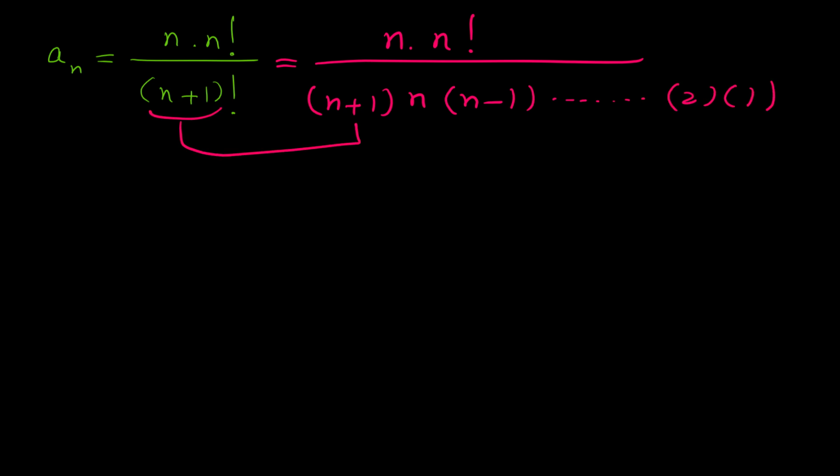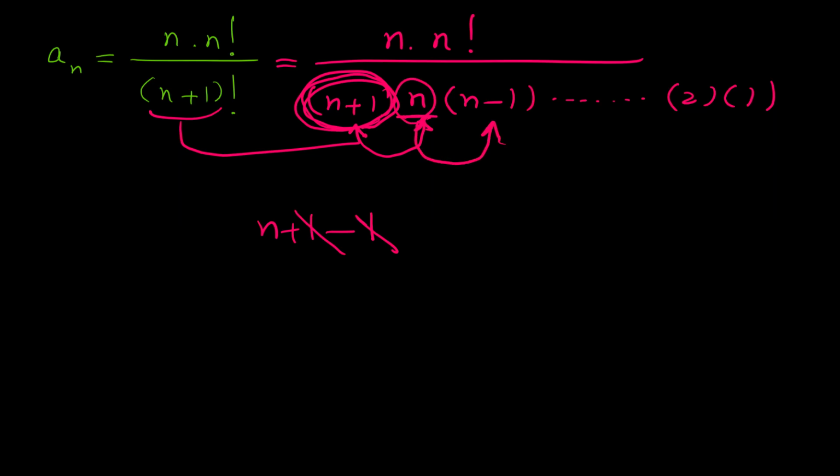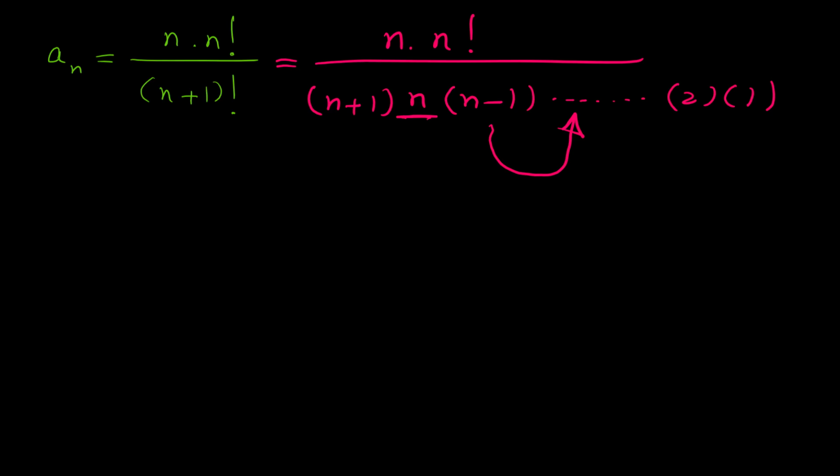Always we start with this term, then the next term is the same term but minus 1. n plus 1 minus 1, this goes with this, and then we have n. Then we subtract by 1, then we have n minus 1. Then we subtract another one, we have n minus 2, and so on. But should I open n plus 1 factorial this way?